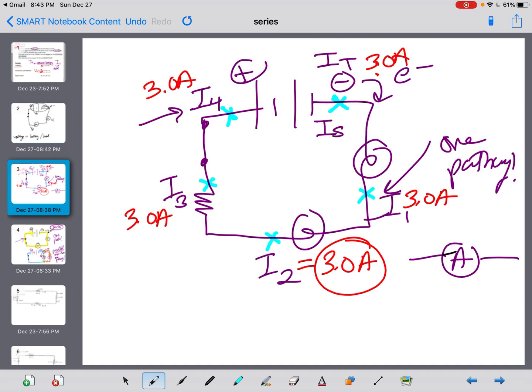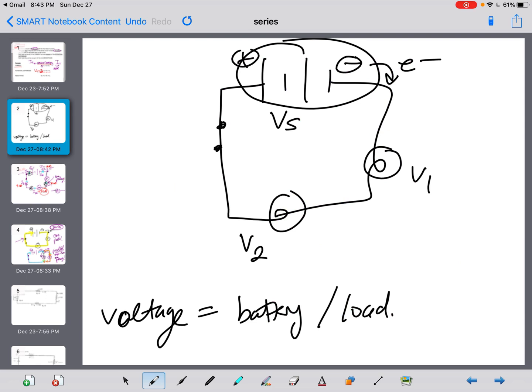Current, remember that current is measured with an ammeter. That is measured on a line, like on a connecting conductor. So my ammeter would be here, or my ammeter would be right here, right? But if you remember from the potential difference lesson, voltmeters are connected in parallel.